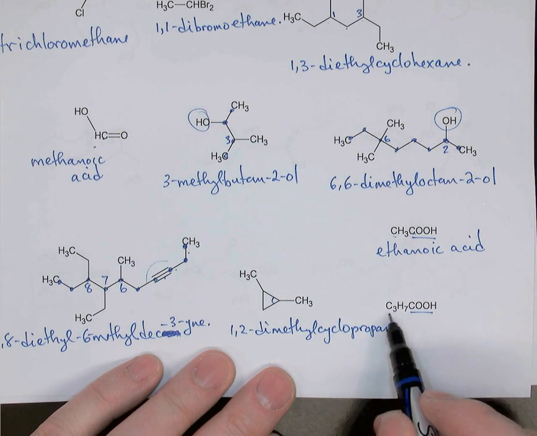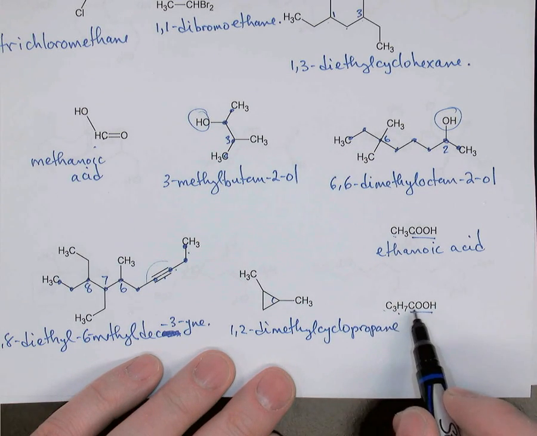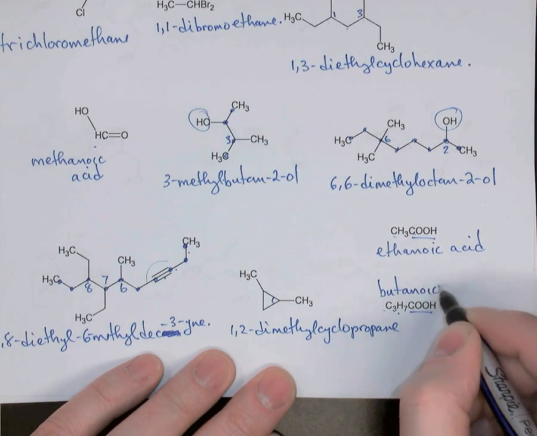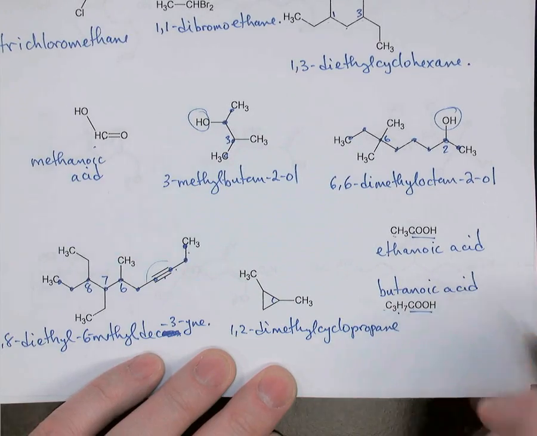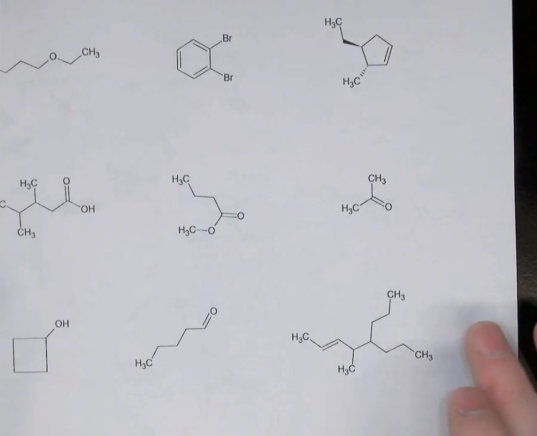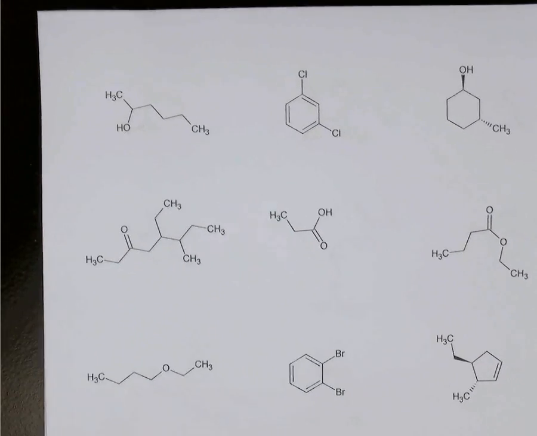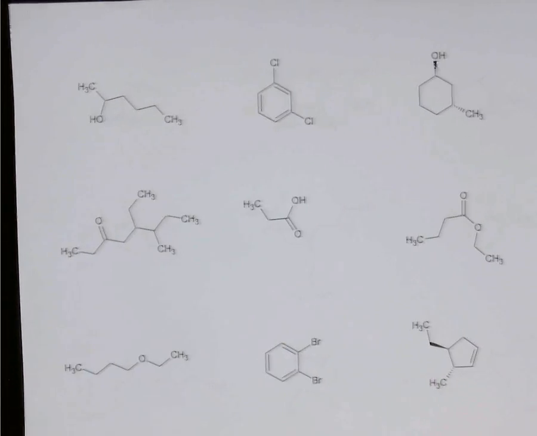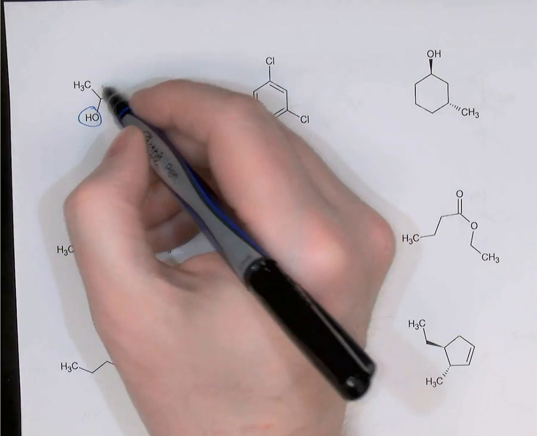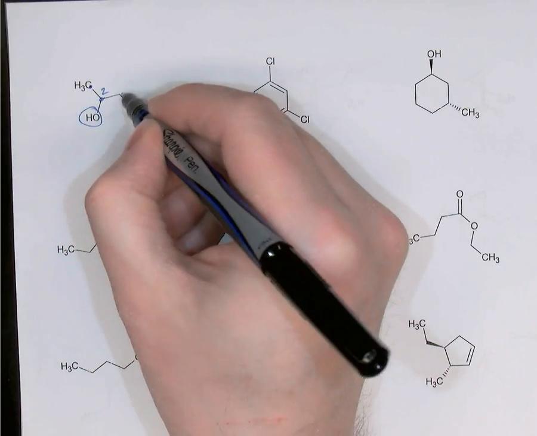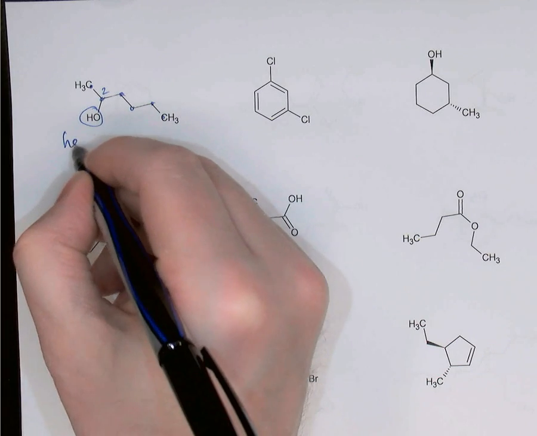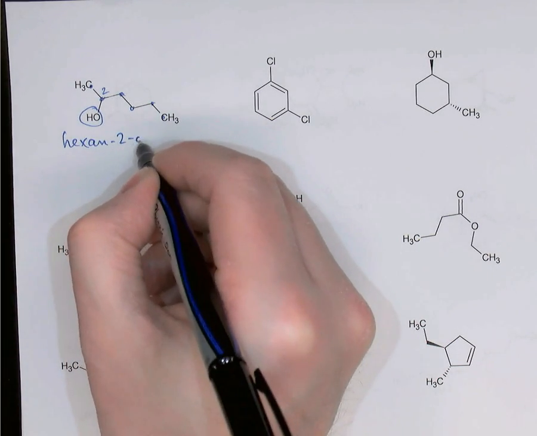And the next one has 4 carbons, C3 and then the COOH, so butanoic acid. Okay, let's keep going. We've got an alcohol group next. This is an alcohol. It's on the 2nd carbon. 1, 2, 3, 4, 5, 6 carbons in the chain. This is hexan-2-ol.